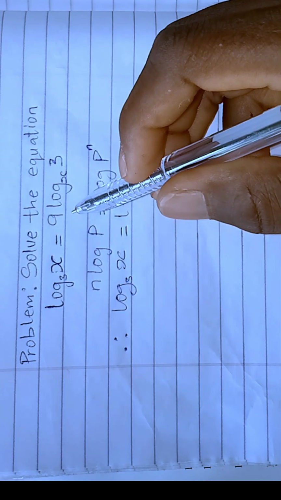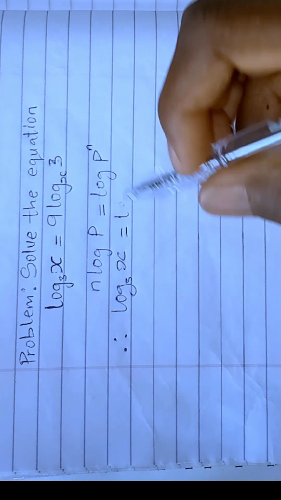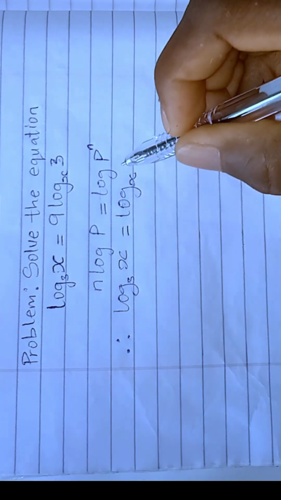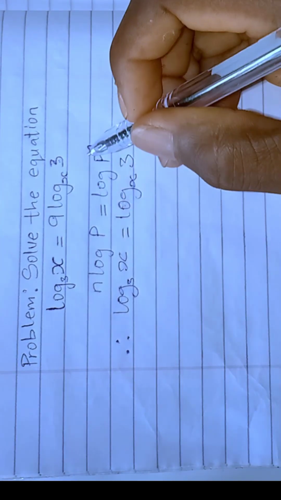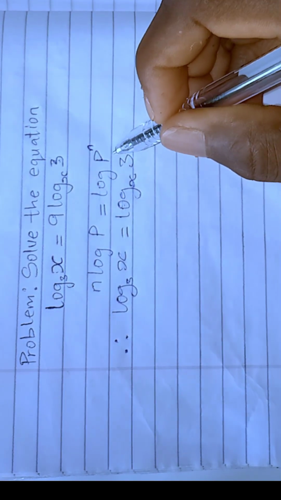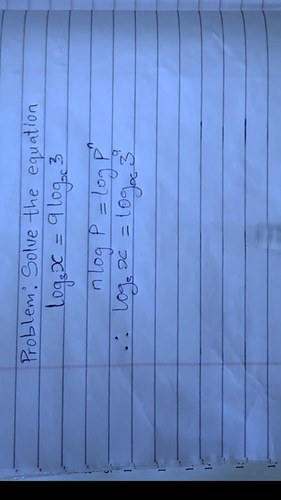Therefore, we can say that the logarithm to base 3 of x is equal to, applying this rule, the logarithm to base x of 3, where this n, which was at the front before, becomes the power of 3, which becomes 9. That is the first step.